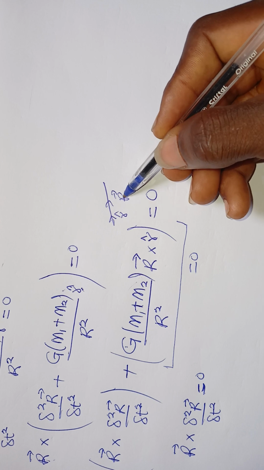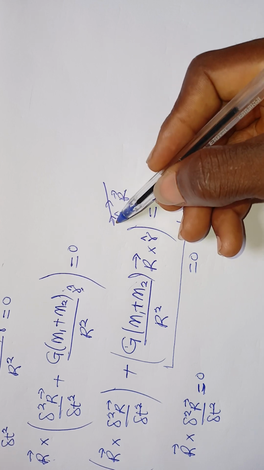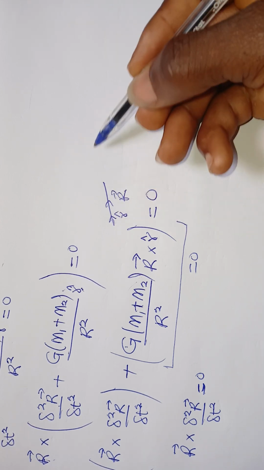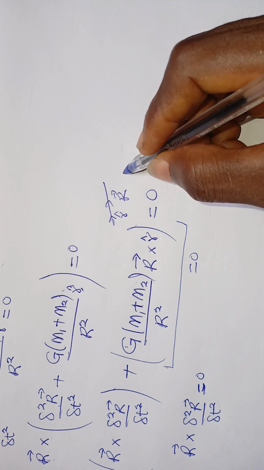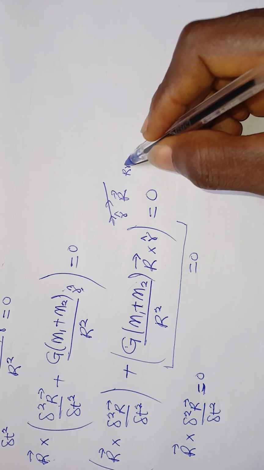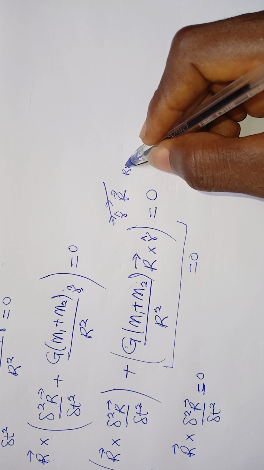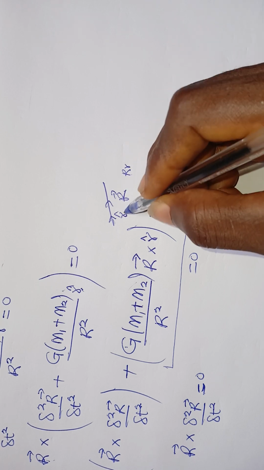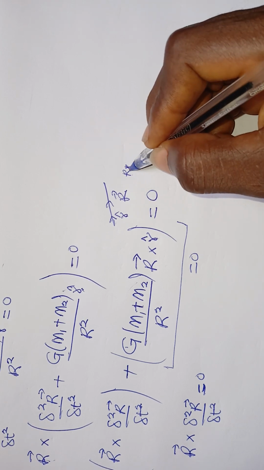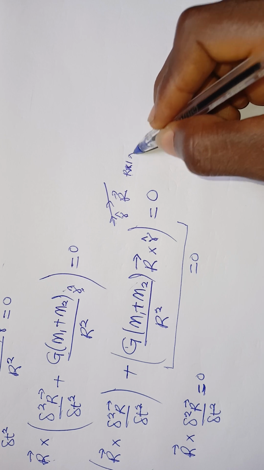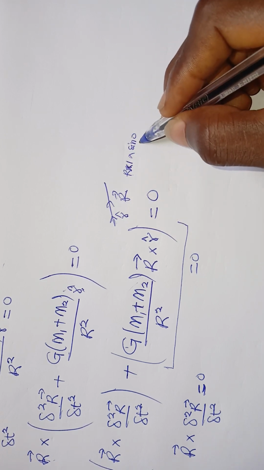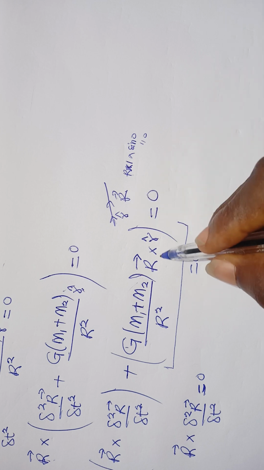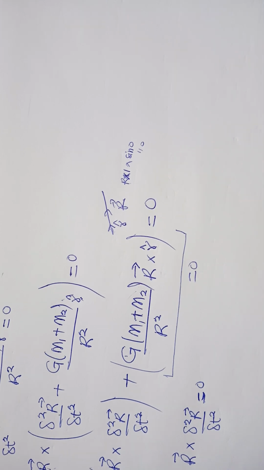If you cross a vector by its unit vector, which are both pointed in the same direction, that will be 0. Because cross product says that you multiply the magnitude of the two. The magnitude of this is capital R. The magnitude of this is 1, so times 1, times the sine of the angle between them. The angle between them is 0, and sine of 0 is equal to 0. So the whole of this is 0. So we're going to focus on this equation.